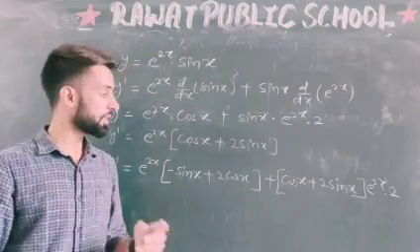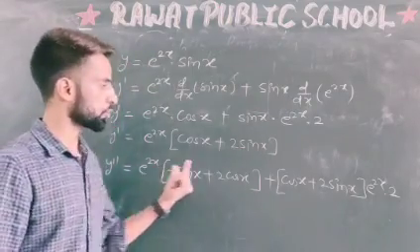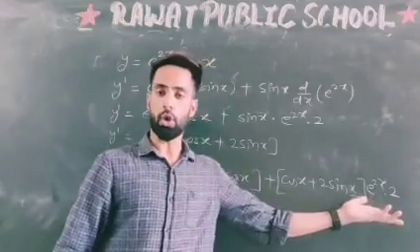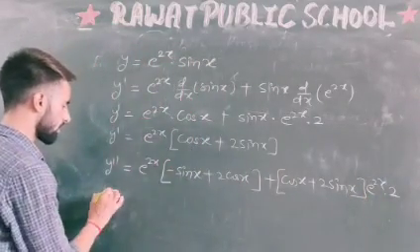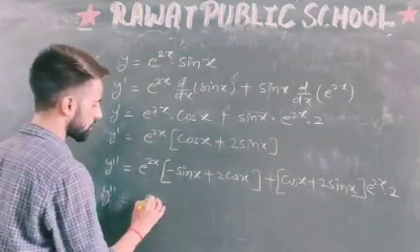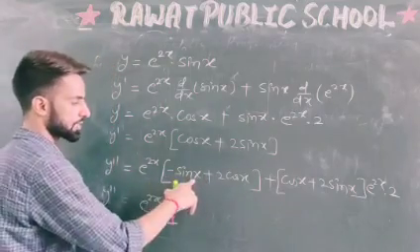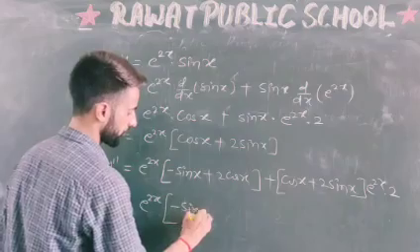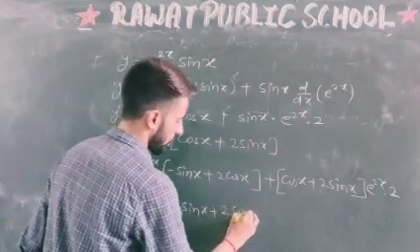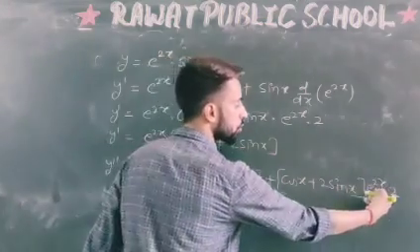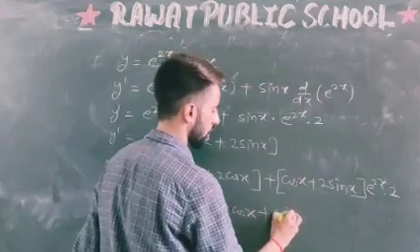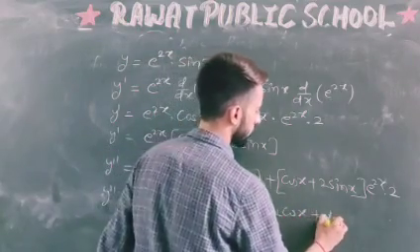Simplification is always important after differentiation. If there is a possibility, like here, I can take e2x as common. So here I am taking e to the power 2x common from these terms in y double dash. What is left? Minus sin x plus 2 cos x, and here I have 2 multiplied inside, 2 cos x and 4 sin x.